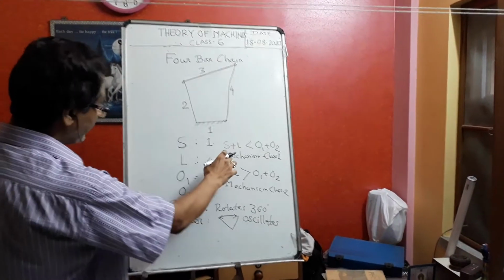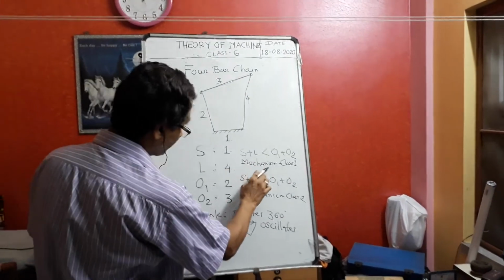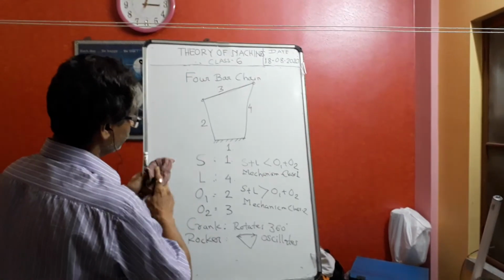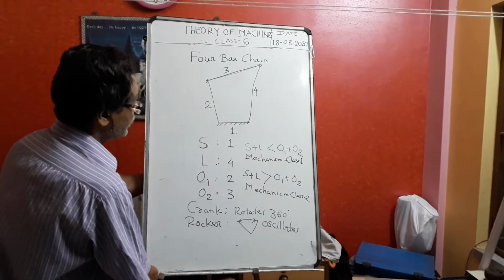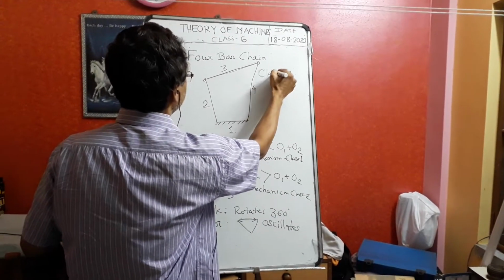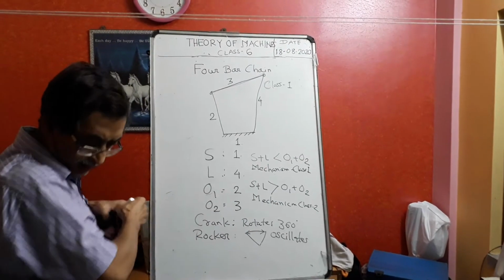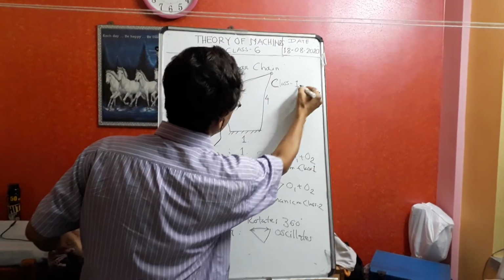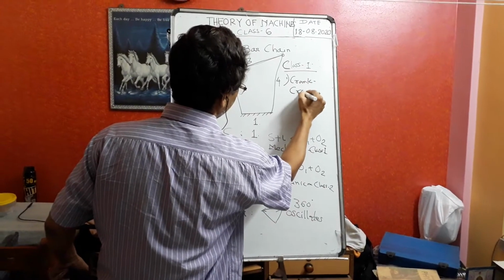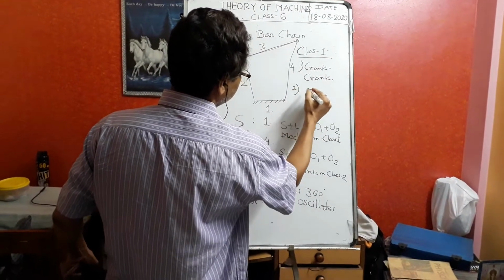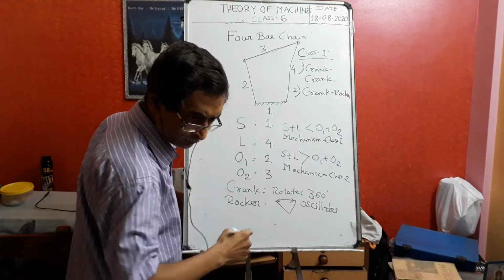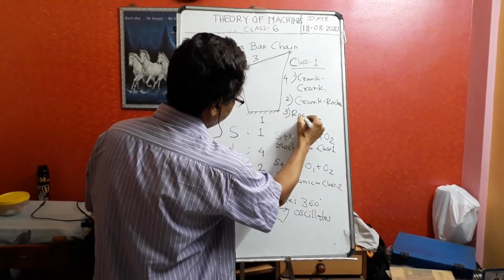And in the last class we also discussed, if it is a class 1 mechanism, then it can be a crank rocker, or it can be a rocker mechanism.